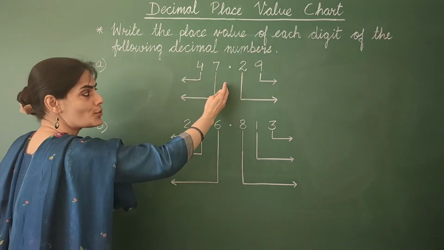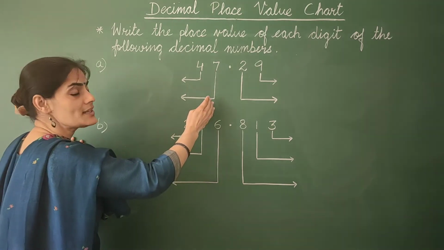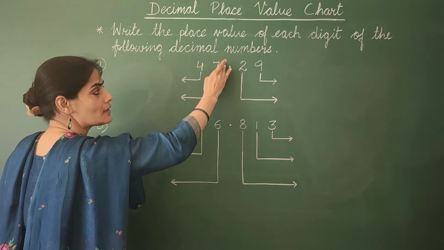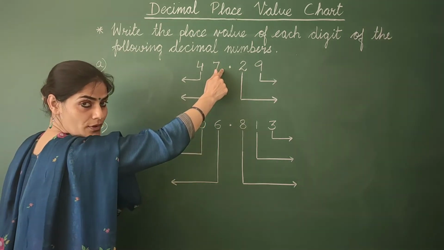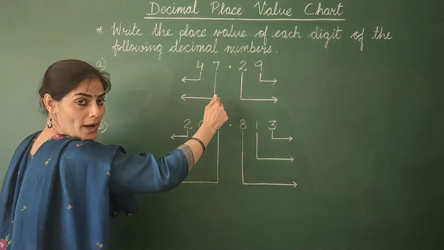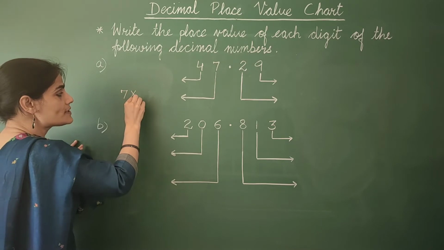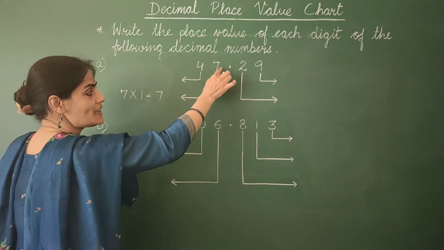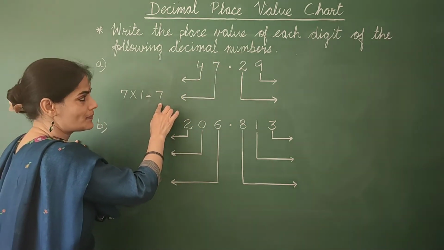As you all know, the part on the left side of this decimal point is whole number part. And we begin with the first digit on its left. So this is 7. 7 is at ones place. So 7 ones is equal to 7 times 1 will give you 7. So place value of this 7 is equal to 7.